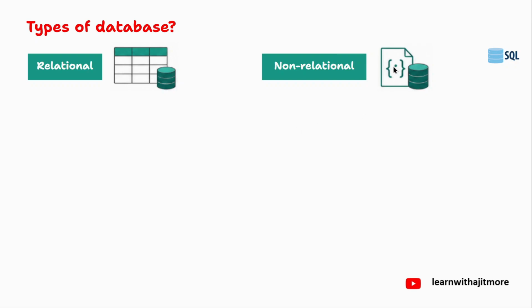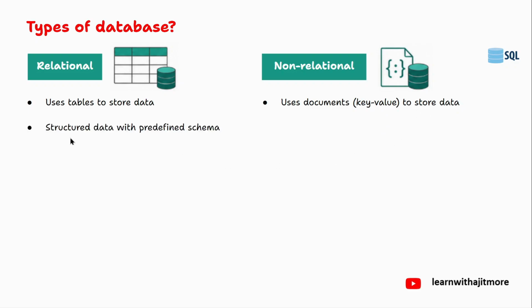The JSON concept is there, which is key-value pairs. Relational uses tables to store data, whereas here they use documents. So here everything is a document collection. In every collection, there are any number of documents. Every document is just a key, comma, value pair. Get it? And in relational, the design or schema of the table is pre-decided: structured data with a predefined schema.